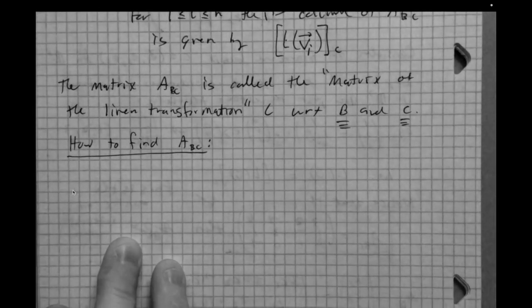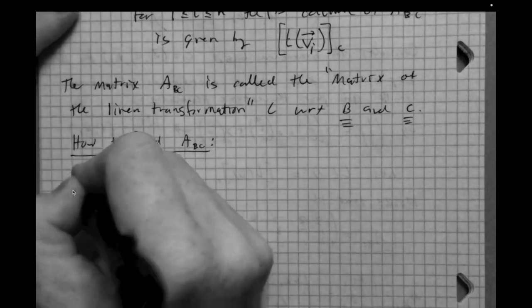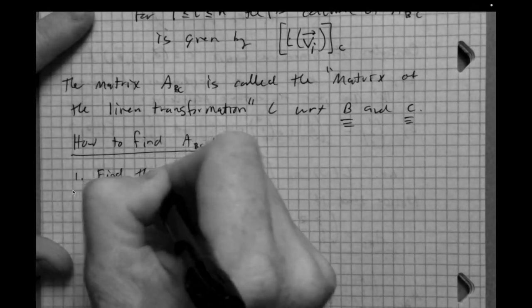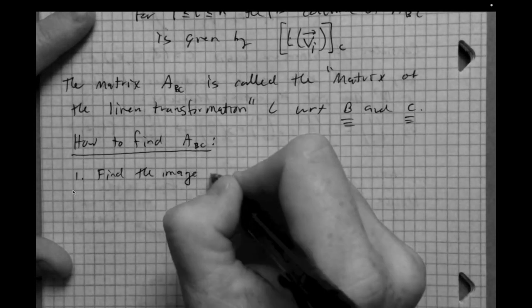It's not always totally trivial to find these, but in theory there's a clear pathway to finding them. Here it's basically a two-stepper. The first thing is to find the image of each domain basis vector.